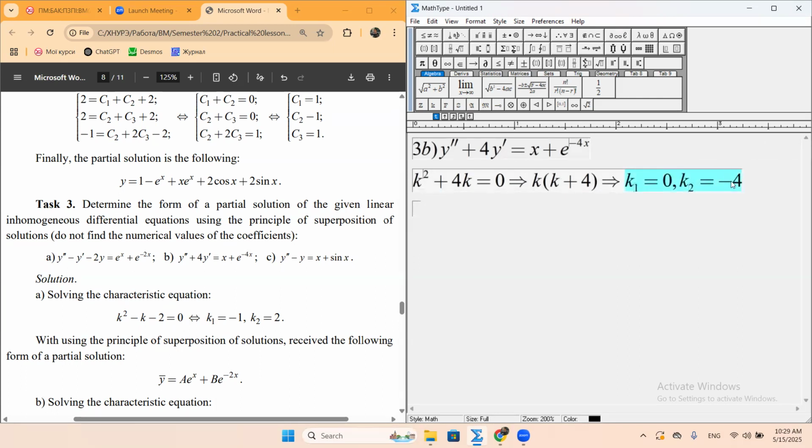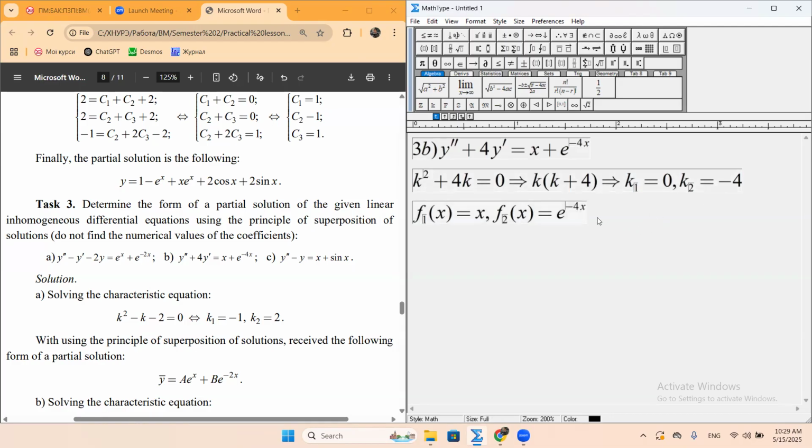So we have these roots, and we can see that, writing down actually the right parts: f1 of x equals x, and f2 of x equals e to the power of minus 4x.